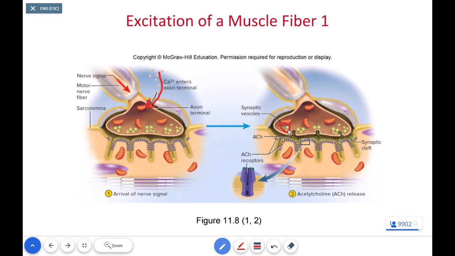And when calcium binds to those synaptic vesicles, they will fuse with the membrane and release acetylcholine, or ACh. Acetylcholine will travel across the gap, or the synaptic cleft, to the motor end plate, and the little purple dots on that motor end plate represent acetylcholine receptors.